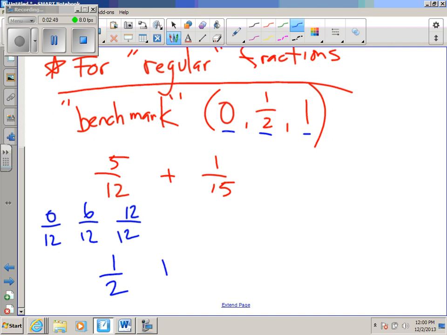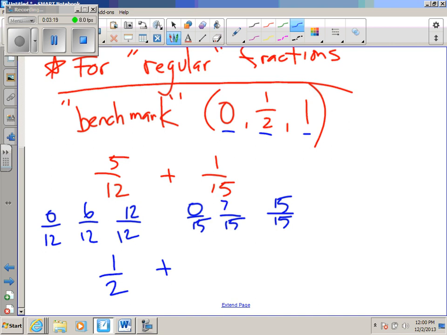Now let's focus on the 1/15. Because your denominator is odd, it might make the half a little bit more challenging, but it's not so bad. So we need to figure out 0, half, or 1 for 1/15. Well, 0 is represented by 0/15. 1 whole is represented by 15/15. What do I do for half with an odd denominator? Alex? 7.5.